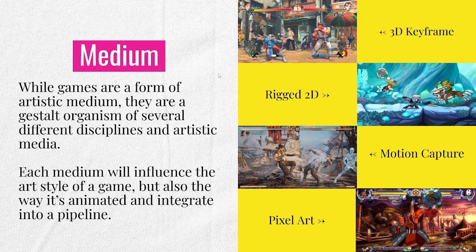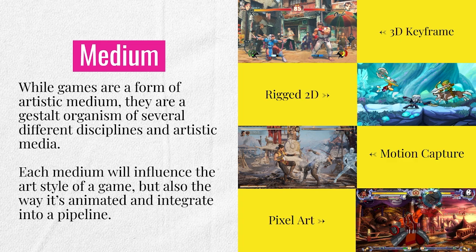So let's talk about mediums. When we're talking about mediums, there's a lot of different ways this could be. When we're talking about video games, it could be 2D versus 3D, different types of 2D versus different types of 3D. For our purposes, there are essentially four.